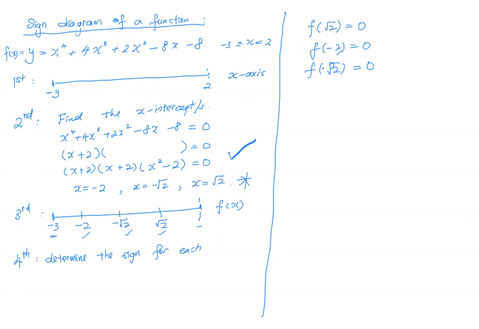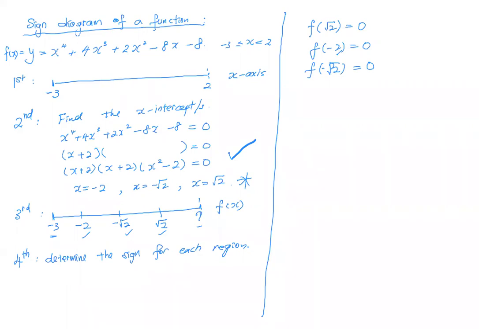for each region. Okay, you tell me how many regions are there in this sign diagram? How many regions? Cindy? The x-intercepts have divided the interval of x between -3 and 2 into how many regions?